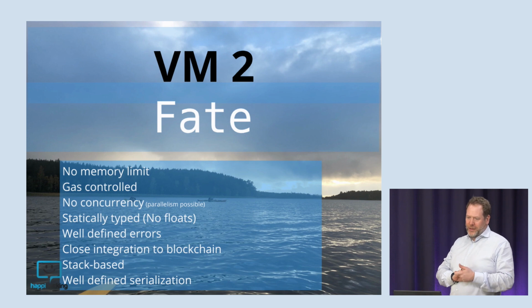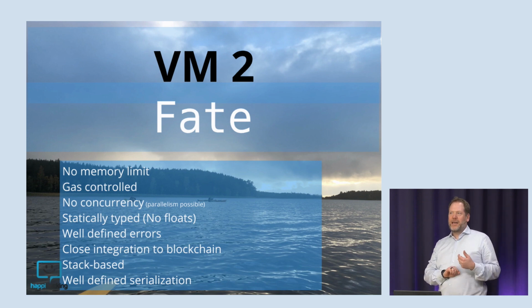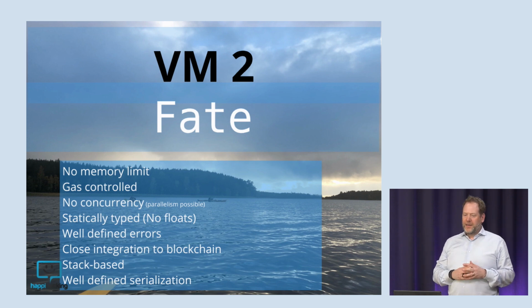So we'll take a quick look also at FATE, as it's called, the Fast Aeternity Transaction Engine, which is a virtual machine built on top of BEAM in order to run Sophia smart contracts for the Aeternity blockchain. FATE has no memory limit.